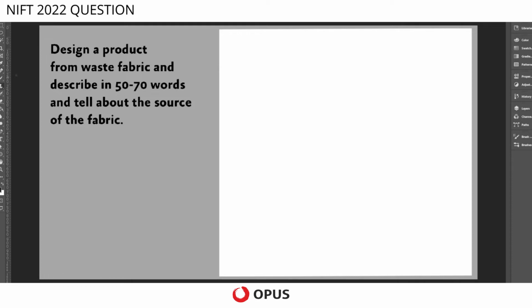suppose a waste t-shirt. All right. Suppose you need to show the source of the wasted fabric. So suppose our source is a wasted t-shirt which has been tattered here and there and looks kind of dirty.